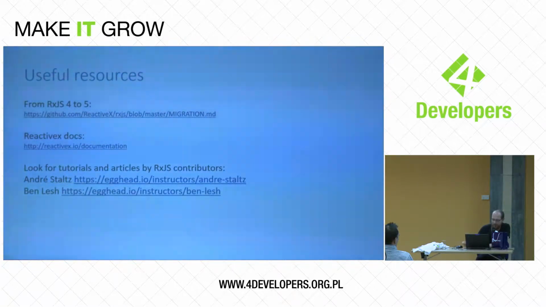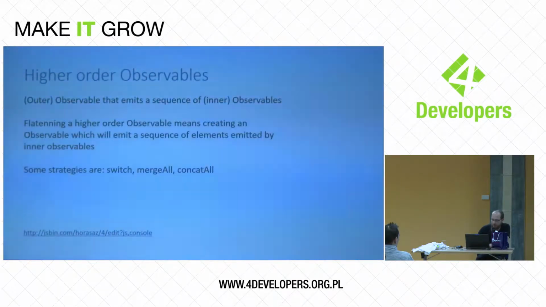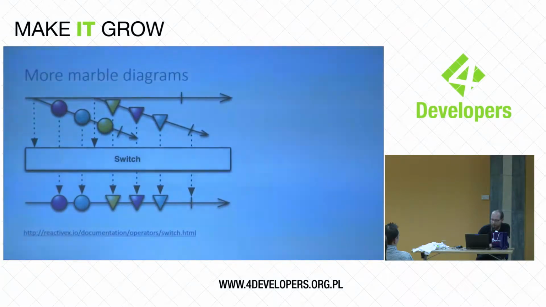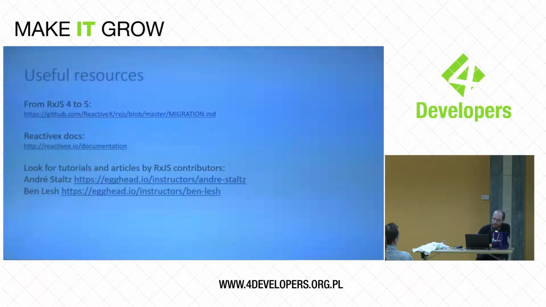Some names I gave you, I tried to give you the names from RxJS 5, but in some tutorials you will get different names for the methods I used. I think switch used to be called something else, or publish used to be called share and stuff.